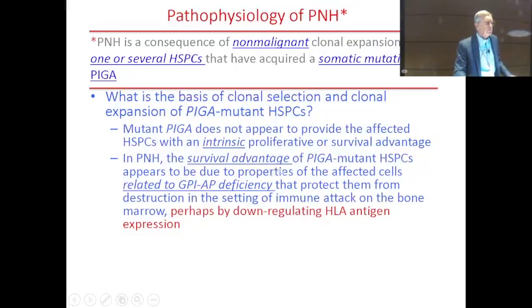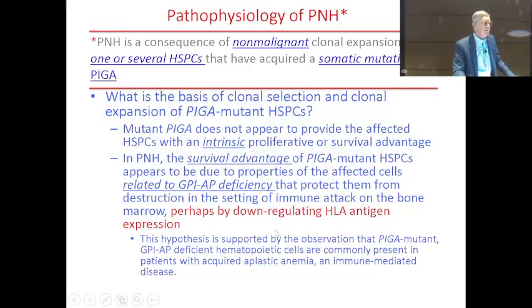So in PNH, the survival advantage is due to properties of the affected stem cell that's related to GPI-anchored proteins that protect them from destruction in the setting of an immune attack on the bone marrow. And it's likely, based on more recent data, that the mechanism involved somehow affects the downregulation of the HLA system.